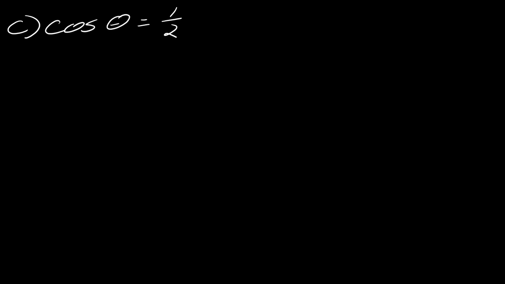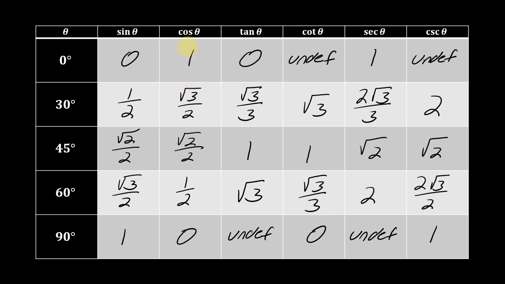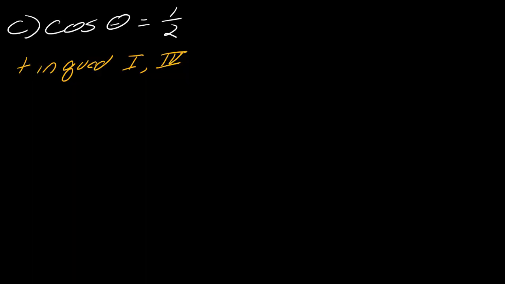All right, I know that cosine is positive in quadrants 1 and 4. This is positive, so I've got to be in quadrant 1 and 4. If I think about my little chart here, cosine of 1/2 corresponds to 60 degrees. So in quadrant 1, just 60 degrees.